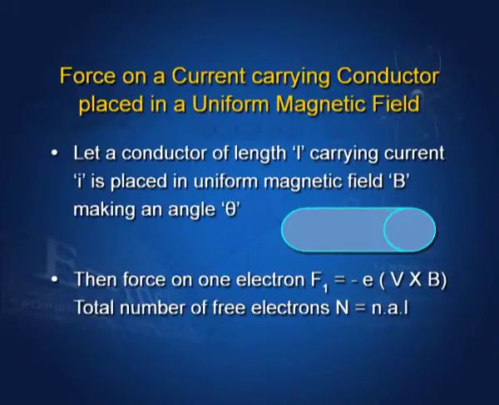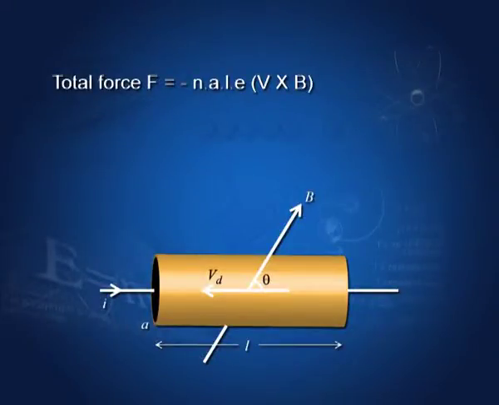As the total number of free electrons in the conductor, capital N, is equal to small n, the number density of the free electrons, into the volume of the conductor A into L, that means capital N is equal to n A L, we get the total force F equals minus n A L e into v cross B. As we know, current I equals A n e into the velocity of the charge.